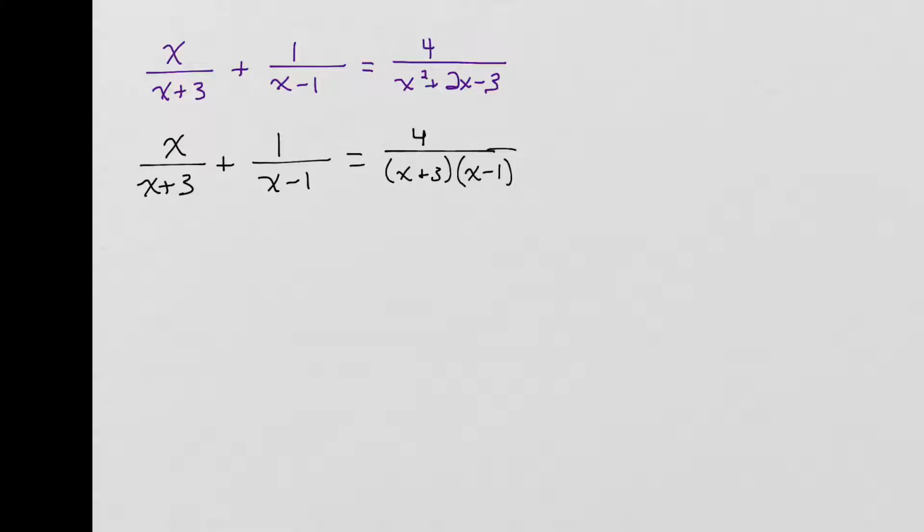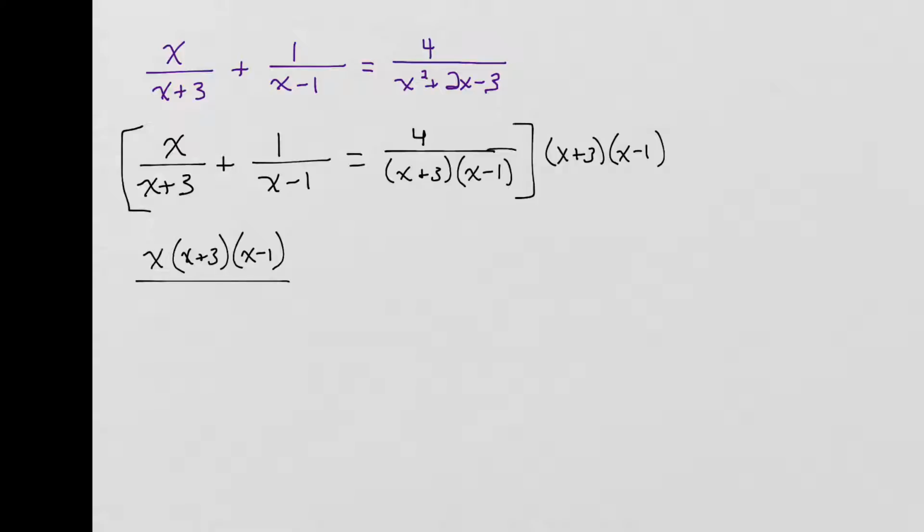So now the common denominator will be x plus 3, x minus 1. So let's multiply that through. Again, I'll do it the long way. Notice I didn't write the 1 in there. It wouldn't change anything if I did, but if you'd like to keep it there, that's fine.